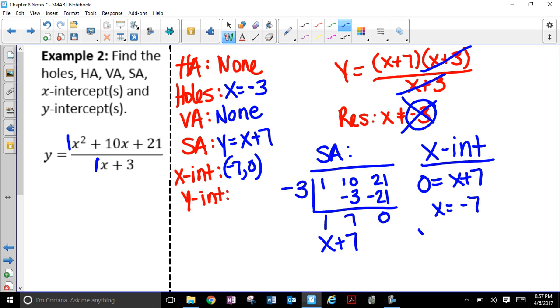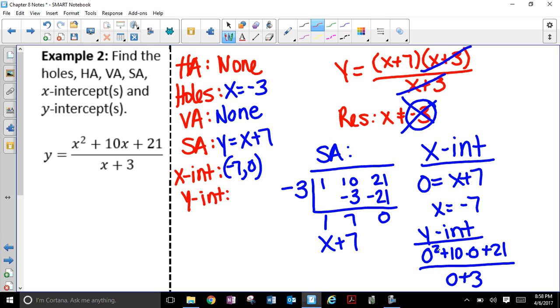Okay, then you go to the y-intercept. Y-intercept is when you plug in 0 for x, and this is the one where I said you should go back to the original form and plug in 0 for the x's. So I would do 0 squared plus 10 times 0 plus 21 all over 0 plus 3.